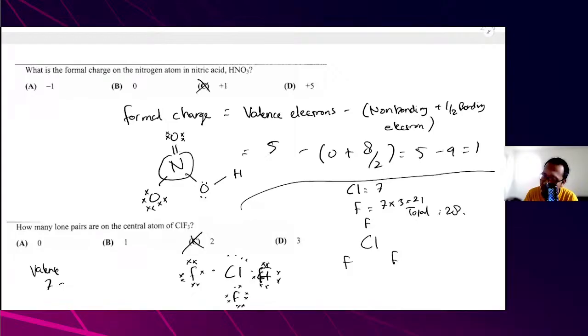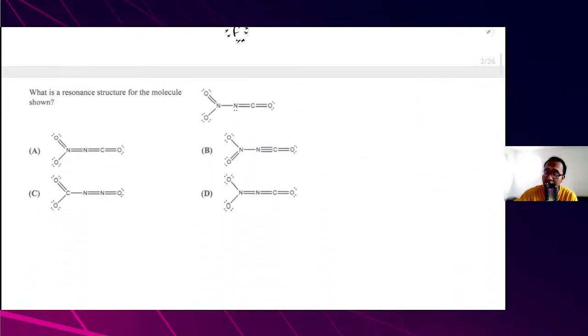Non-bonding is 4, right? And then how many half bonding electrons? 1, 2, 3, 4, 5, 6. So 6 divided by 2 is 3. The formal charge of Cl is 0. So with all formal charges equal to 0, the structure is reasonable and the number of lone pairs on chlorine is 2. If you find it difficult, just draw the Lewis structure and then you will be good.